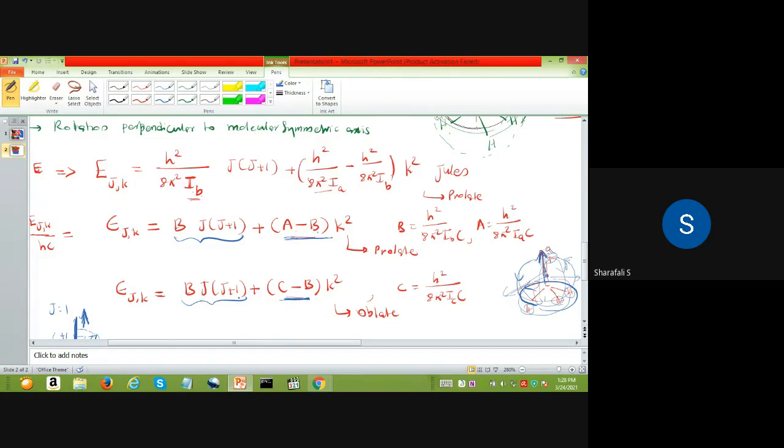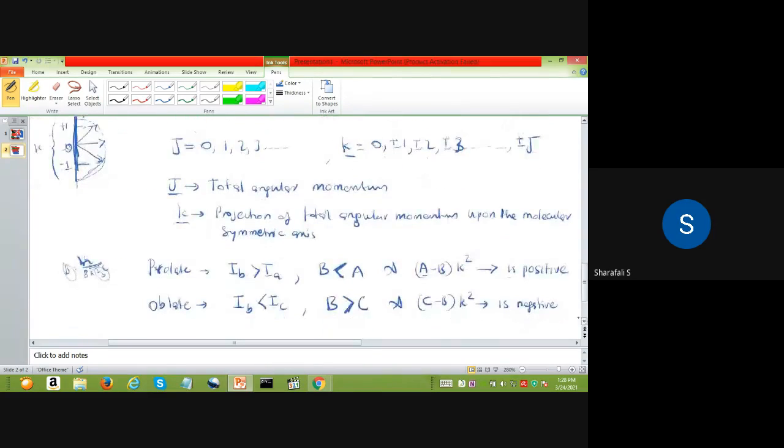So B into J plus 1, minus some quantity, will come because of this rotation.